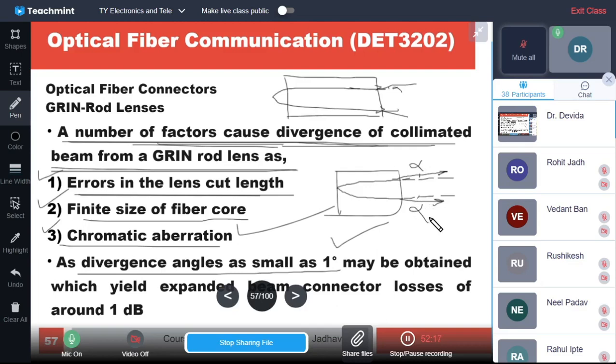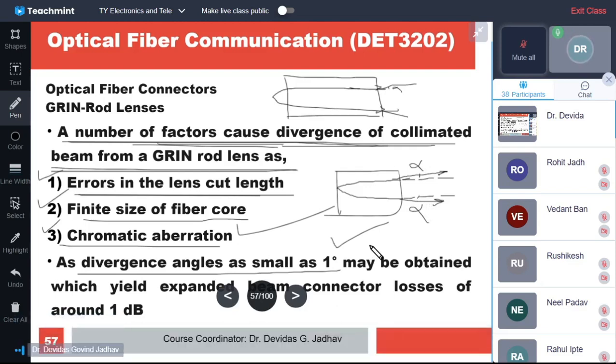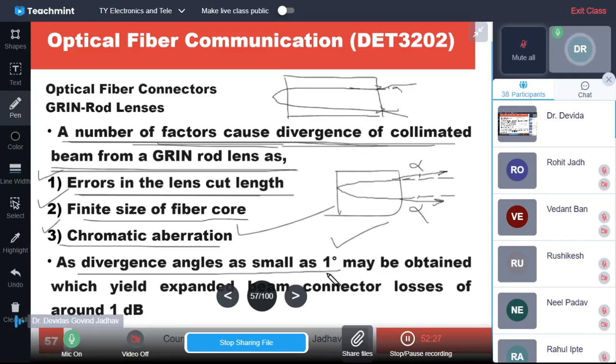This alpha is of the order of 1 degree or less, or, as mentioned in the previous slide, 1 degree to 5 degrees. A divergence angle as small as 1 degree may be obtained, which yields expanded beam connector losses of around 1 dB.